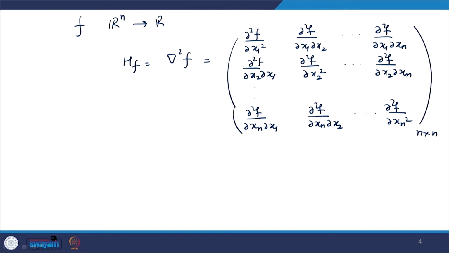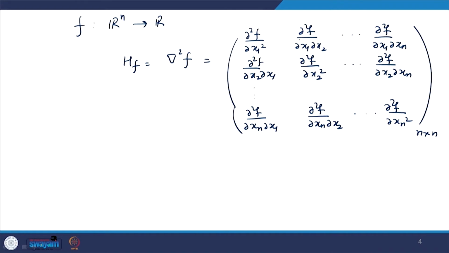Okay. Now, if you carefully see, the diagonal elements of this matrix are simply the second order partial derivatives of f with respect to x1, x2 up to xn, and the off-diagonal elements are x1 x2, x2 x1, x1 xn, xn x1.